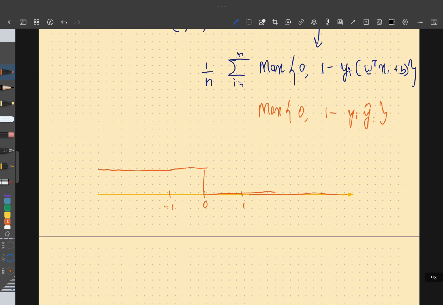Right, so this is, say, the indicator of yi times w transpose xi plus b greater than or equal to 0.